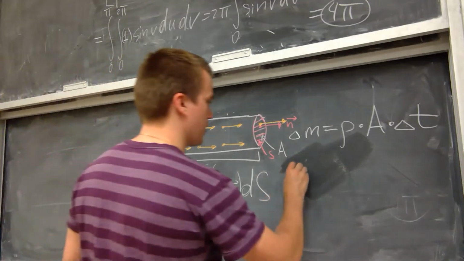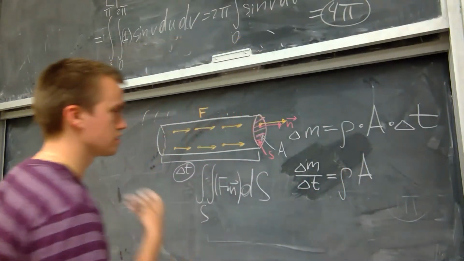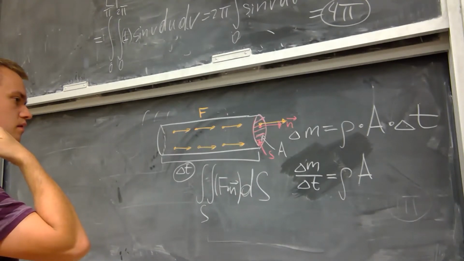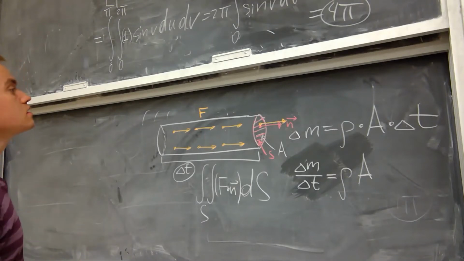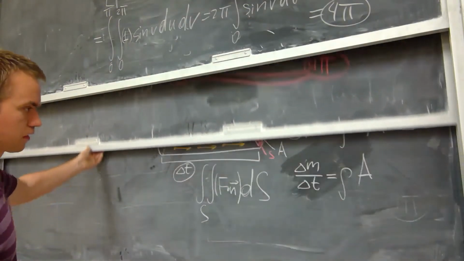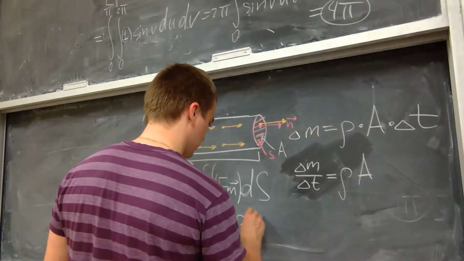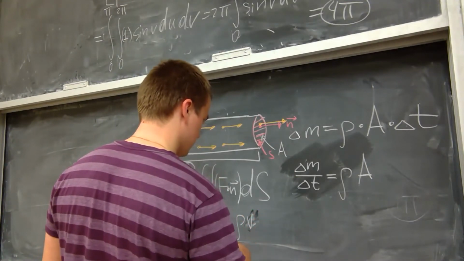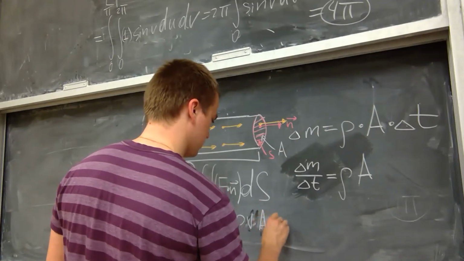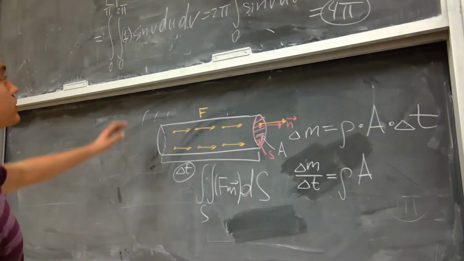So if I want to find the change of my mass over some time, I get rho A, rho delta V delta T. Okay, I haven't prepared for this one, so I'm trying to.